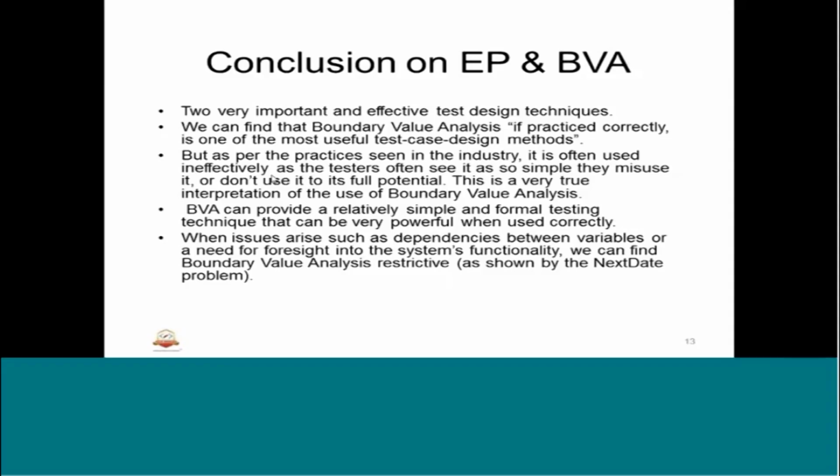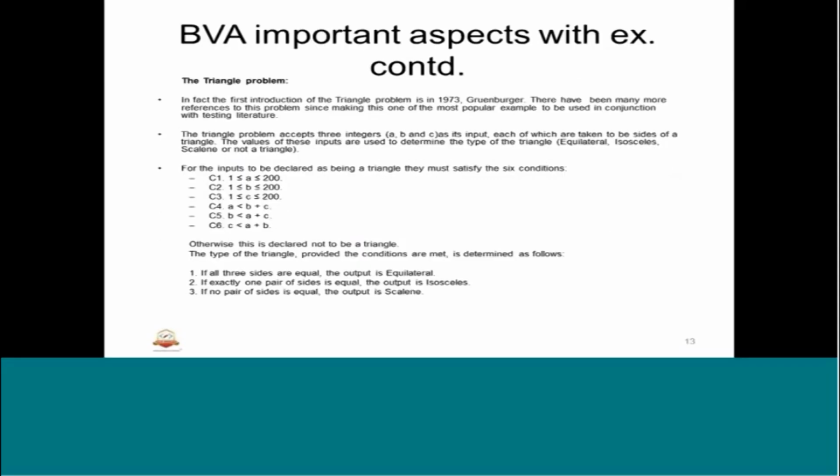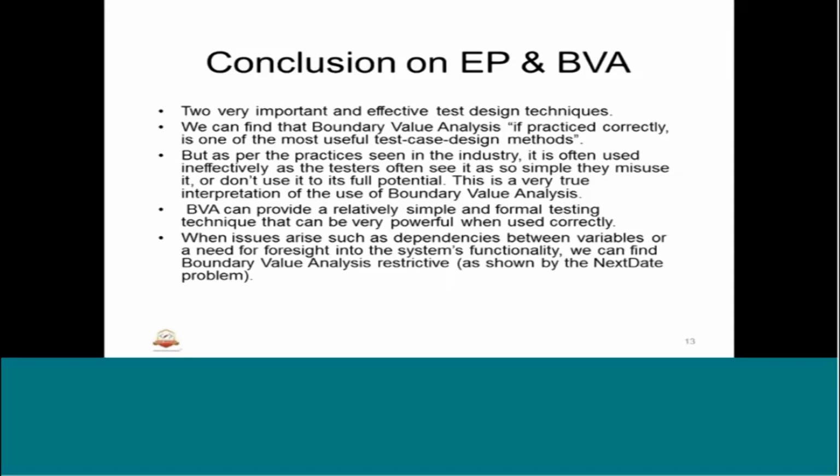So we cannot expect that. So that is a restriction for boundary value analysis. We should take a call in terms of boundary value analysis, taking out such cases for such issues. So that is the conclusion of equivalence partitioning and boundary value analysis.